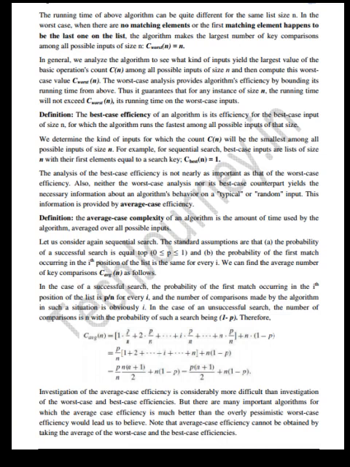In the case of a successful search, the probability of the first match occurring in the ith position of the list is p over n for every i, and the number of comparisons made by the algorithm in such a situation is obviously i. In the case of an unsuccessful search, the number of comparisons is n, with the probability of such a search being 1 minus p. Therefore, see the figure.